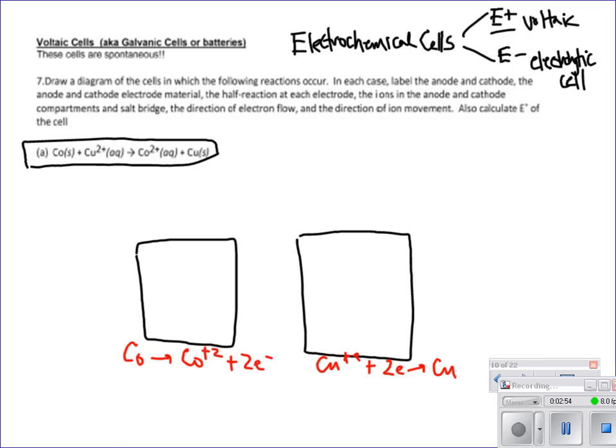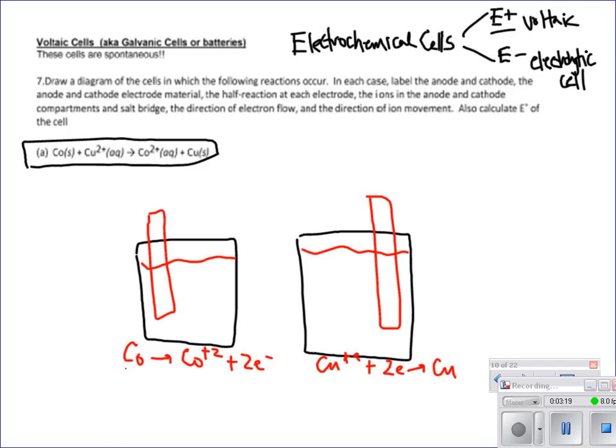Now the components of the cell are going to be some sort of solution. And at standard conditions, what's the concentration of that solution? 1 molar. And it's got an electrode in it. Okay? And then another electrode in the other one. Now, what those are made of are the parts of your half reaction.